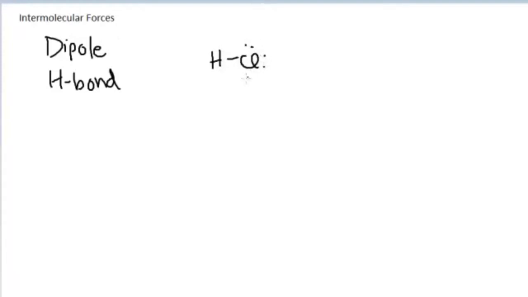Alright, so far we've talked about dipole forces, or dipole-dipole interactions, and we've talked about hydrogen bonding. These are examples of intermolecular forces, and both of these rely on a molecule's partial positive being attracted to a partial negative of a neighboring molecule. And so we saw a picture like this when we were talking about dipole forces.